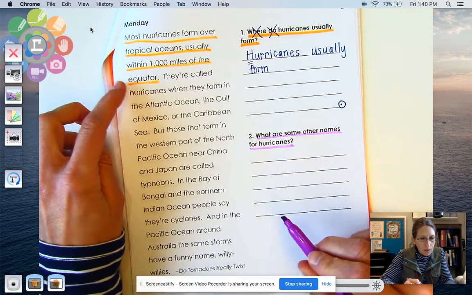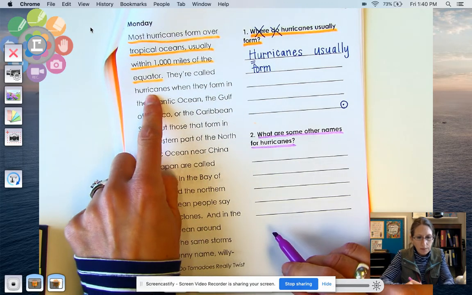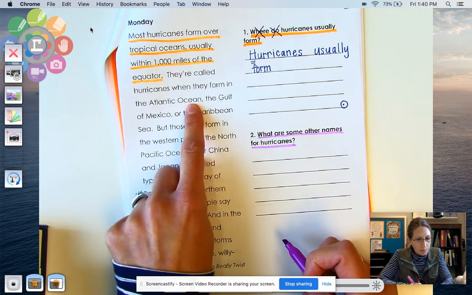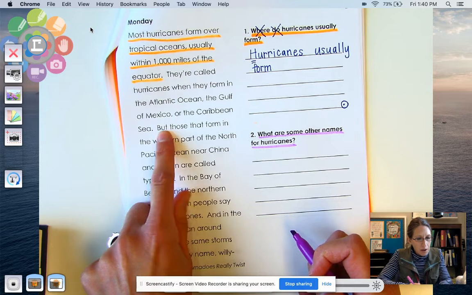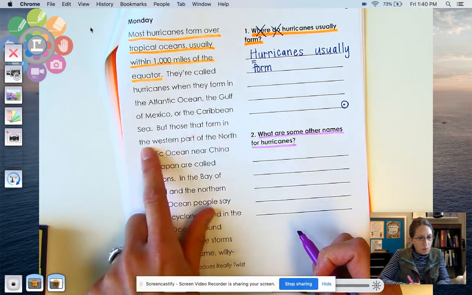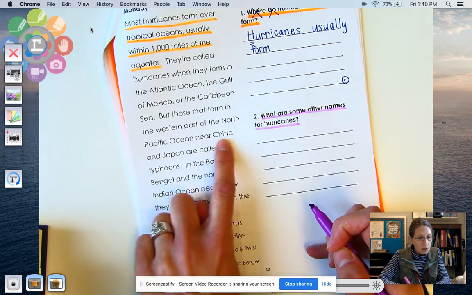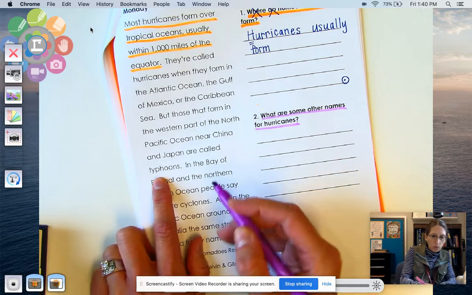All right. Let's see. So we already read this sentence. They're called hurricanes, which we know, when they form in the Atlantic Ocean, the Gulf of Mexico, or the Caribbean Sea. But those that form in the western part of the North Pacific Ocean near China and Japan are called typhoons.